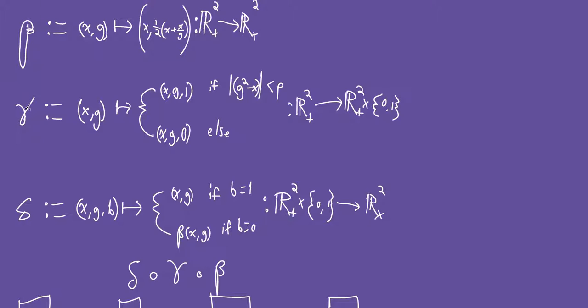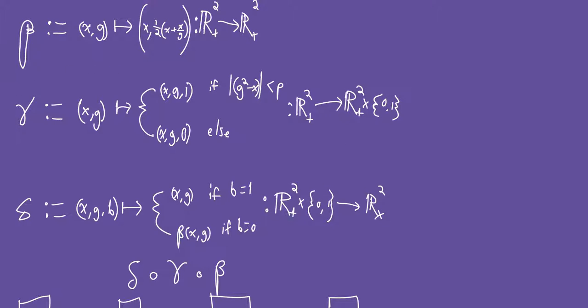So let's look. Here's gamma. The target is to the right of the arrow here. The target is positive R2 cross 0, 1. Is that equal to the source of delta? Exactly, positive R2 cross 0, 1.